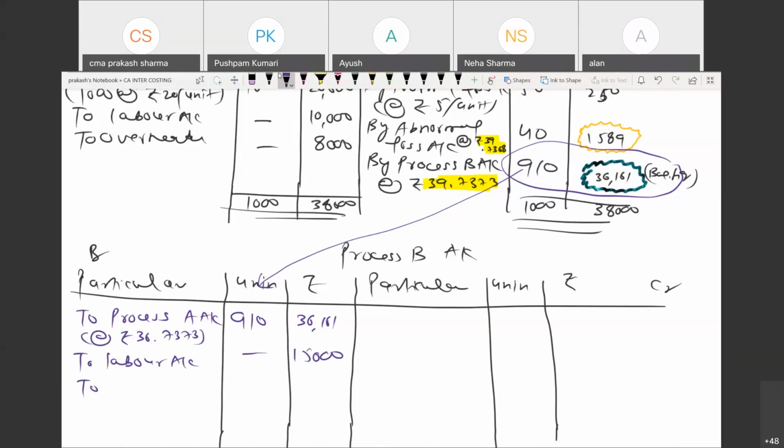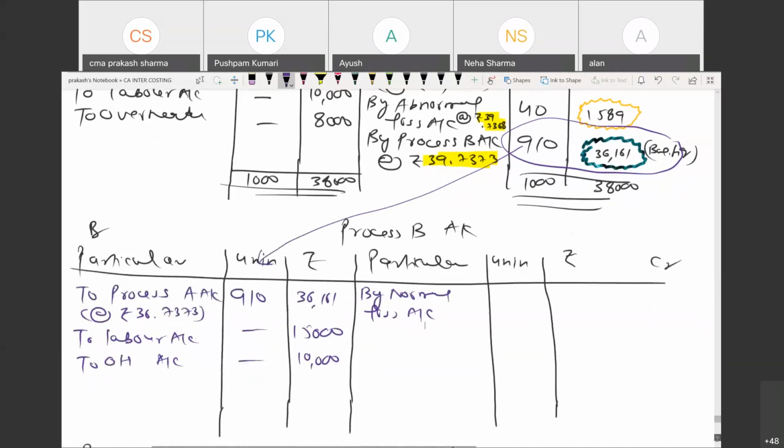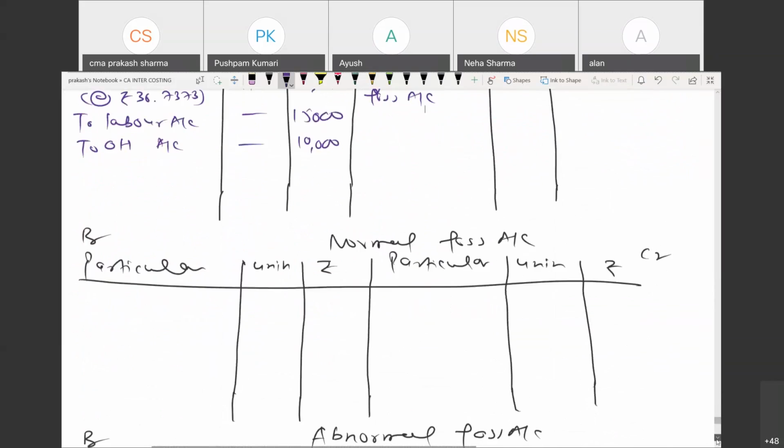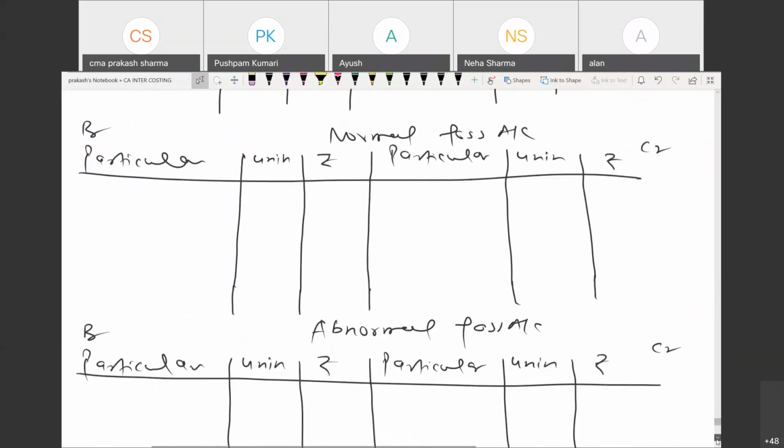Now the overhead amount for process B is 10,000. Here again we will estimate our normal loss for process B. The question states that again in process B, 5% of input is estimated as normal loss. So let us get back to our working note.